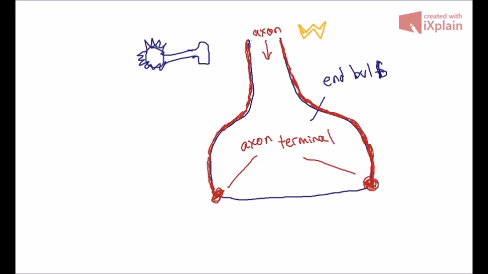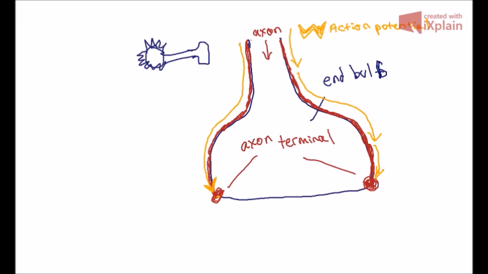Here's my crappy lightning bolt. It travels down, down, down until it gets down to the end terminals. Alright, so now we got the action potential down at the end terminals. What happens when it gets down to the end terminals?